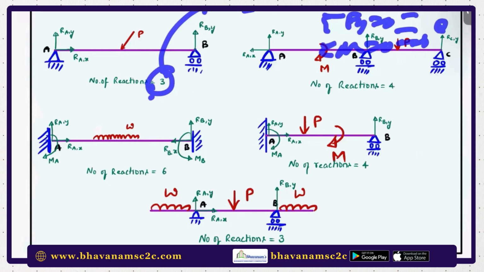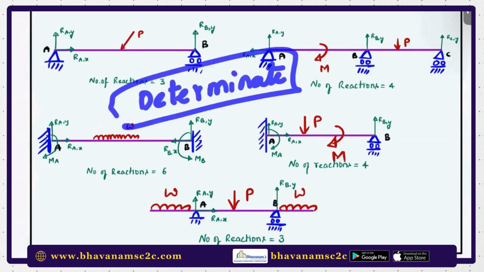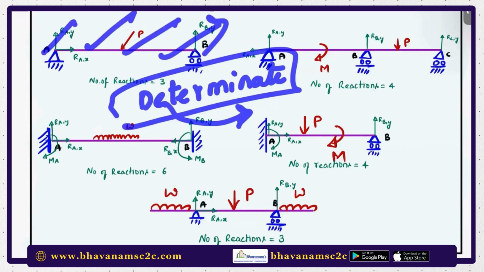So then we can find all the unknown reactions. Such beams in which we can find all the reactions using just the equilibrium equations are known as determinate beams. Statically determinate beams. The name itself suggests we can determine the unknown reactions using the equilibrium equations.